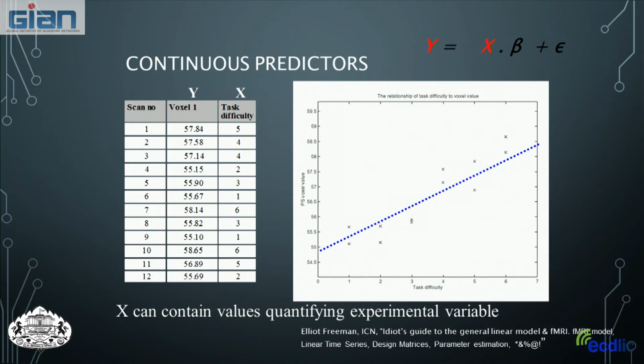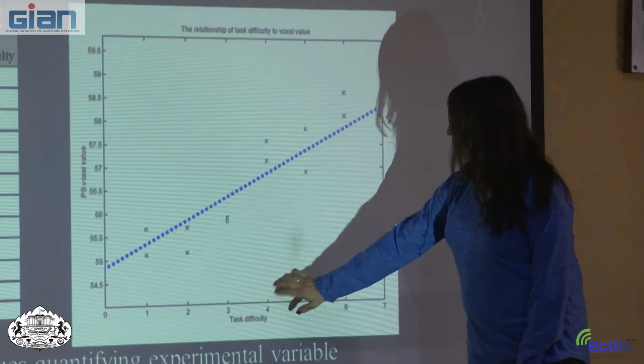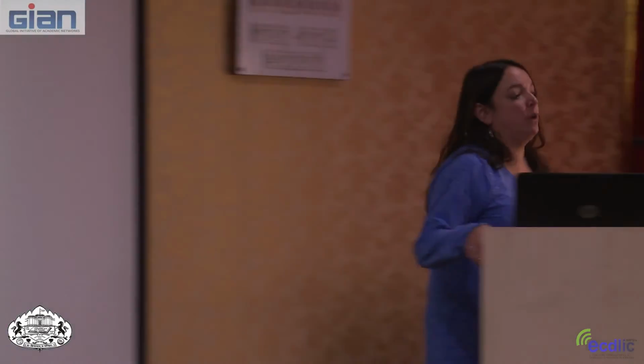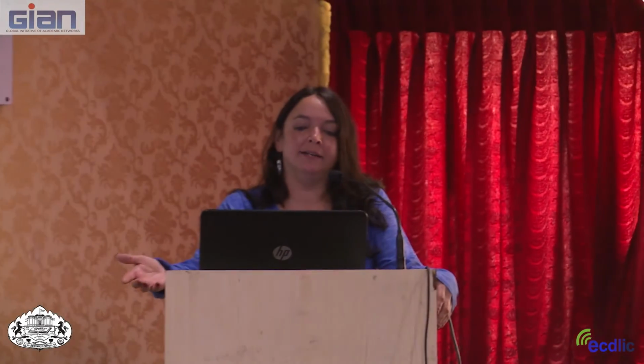Similarly for 3, 4, 5, and 6, and then when we do that, we're assuming that as our task becomes more difficult, for example, we may say our intensity that we see in the image is going to increase, okay? So we try to fit what we see in the data to how difficult the task was.